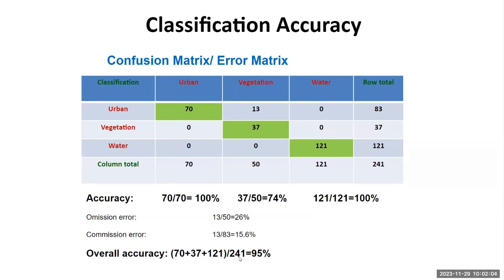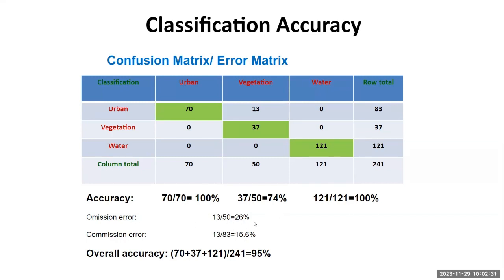And then we have two more errors that we need to talk about. We talked about vegetation. In the case of vegetation, out of 50, 37 are correctly identified, so 13 are incorrectly identified. For vegetation, we have 13 over 50, which is 26% omission error.